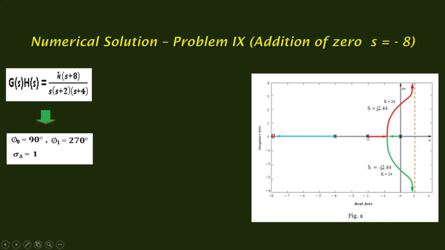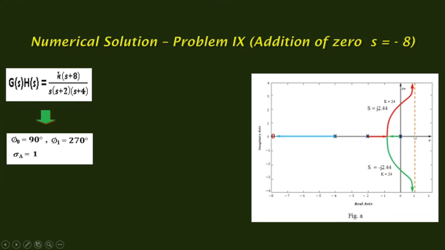So root locus lies on the real axis between this origin to -2, and there is no root locus beyond, and another root locus is present from -4 to -8. That means root locus starts from this -4 and finishes at -8. And these two root locus branches move and meet at a point. This point is called the breakaway point.